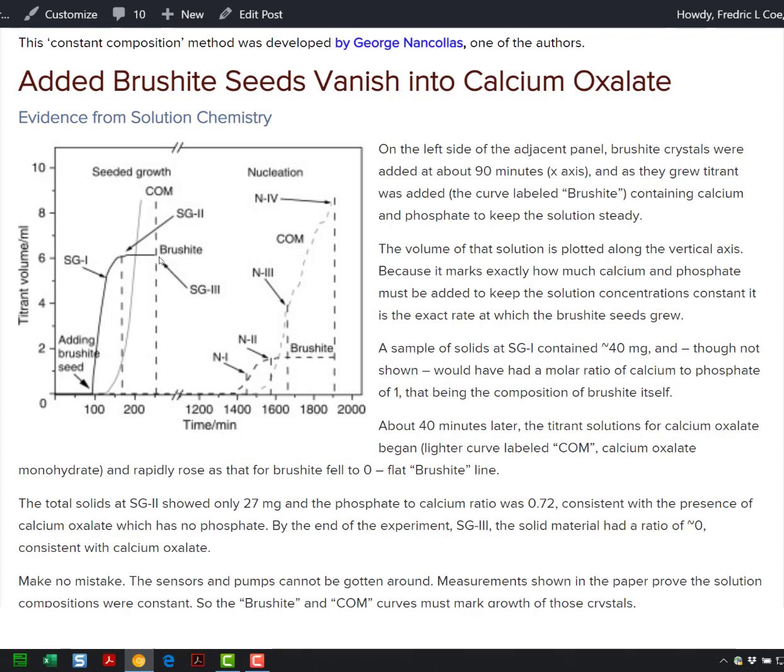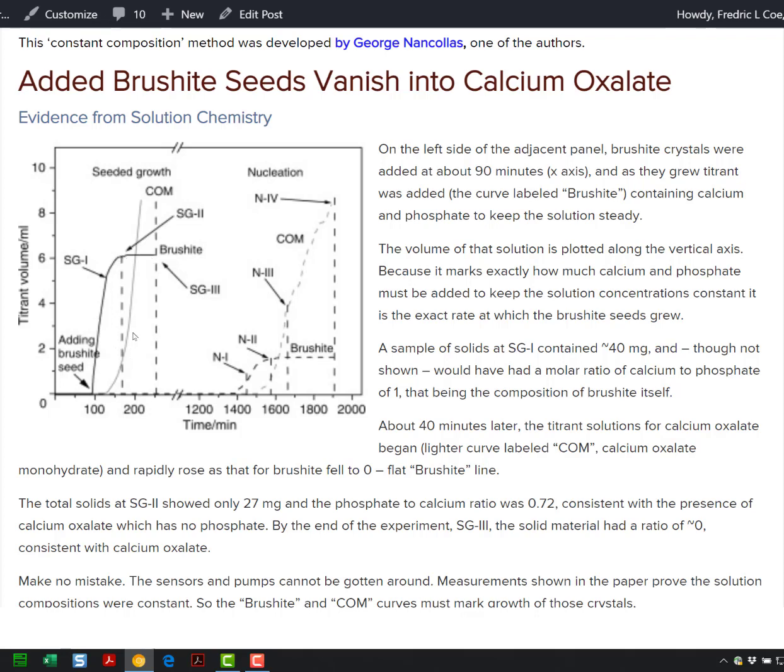SG3, brushite's been stable a long time, and the calcium oxalate monohydrate pump has been going on a long time, and this has no phosphate, none at all. So what are we looking at? Well, it isn't just that you made the brushite and stopped making it.